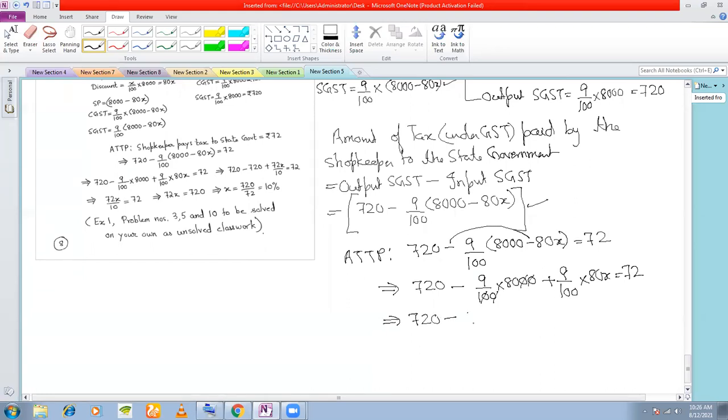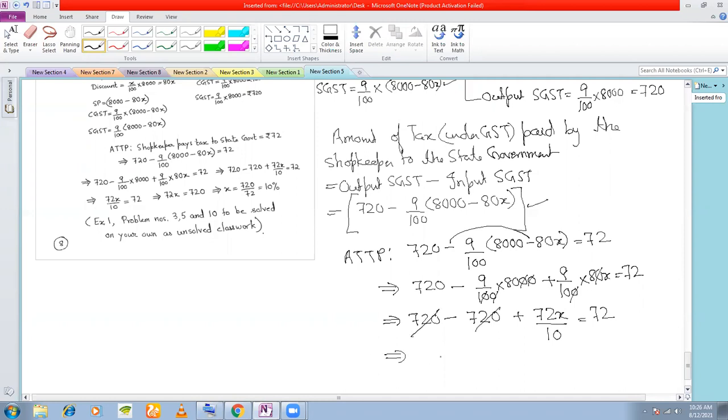So you'll simply get 720 here also. Plus, and here what will happen? 10 will cancel here. Let's keep it at 10 and keep 10 in the denominator. You get 72x by 10 is equal to 72.